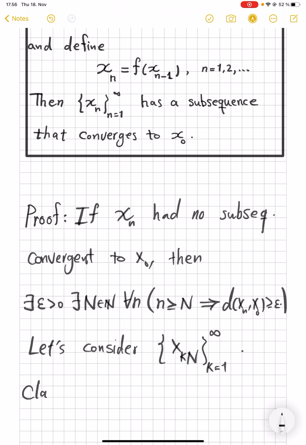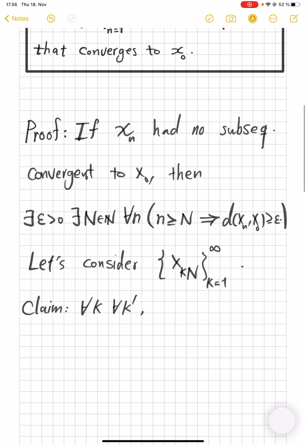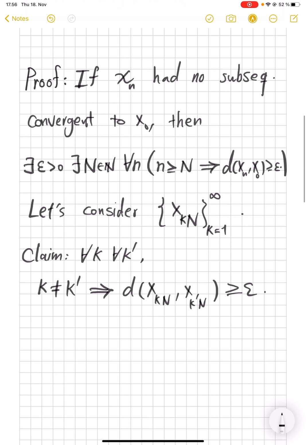Now the claim is for every k and k prime natural numbers, if k is not equal to k prime, then the distance of x_{kN} and x_{k'N} is at least epsilon. So this epsilon is from above. How do you prove this claim?